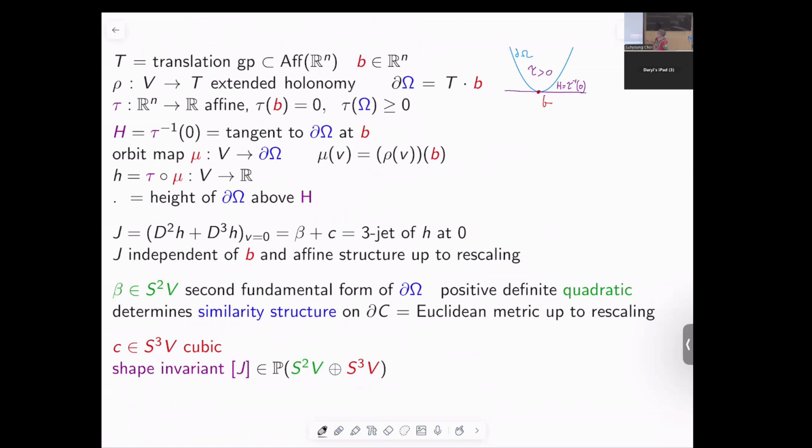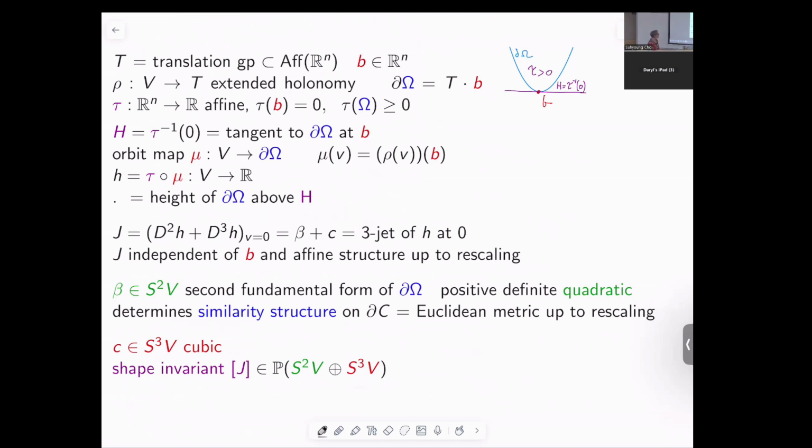Because it's tangent, the constant term is 0 and the linear term is 0. There's a quadratic term and a cubic term. The quadratic term and the cubic term are something called the shape invariant. Actually, they're only defined up to scaling. So the shape invariant is a quadratic polynomial plus a cubic polynomial defined up to scaling.